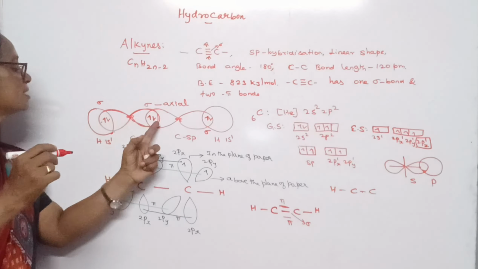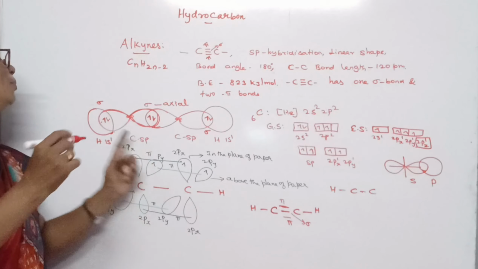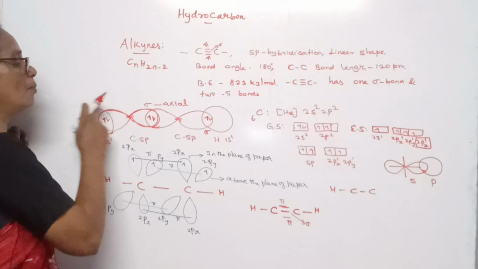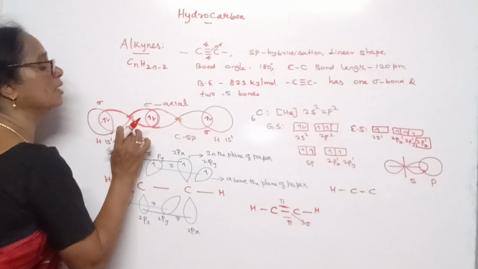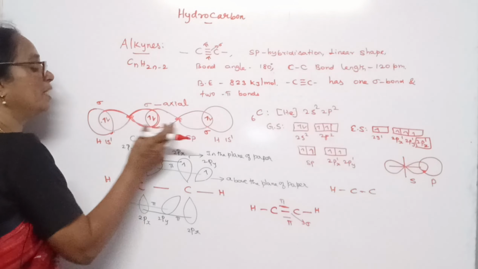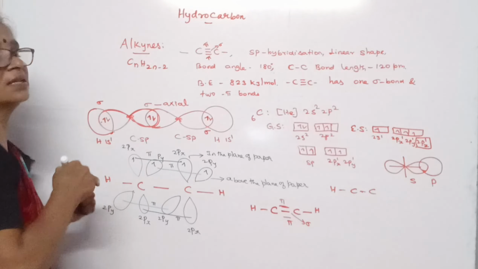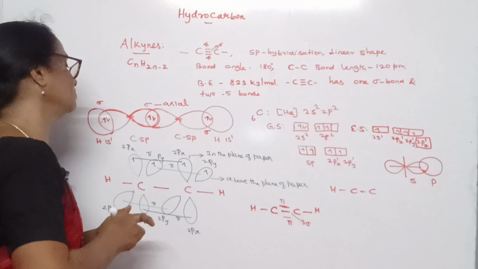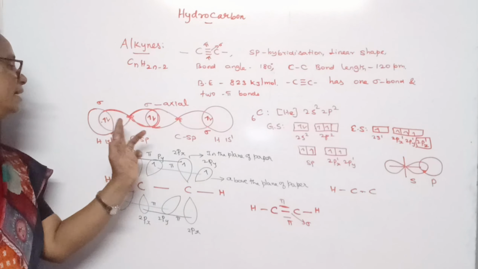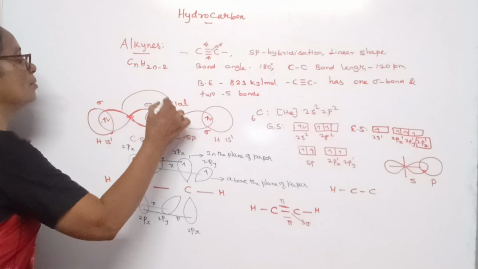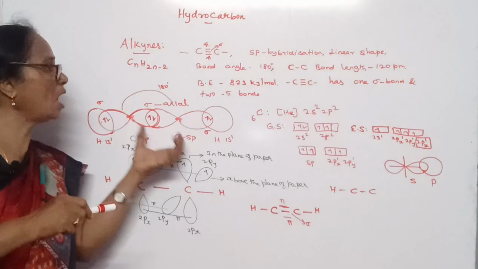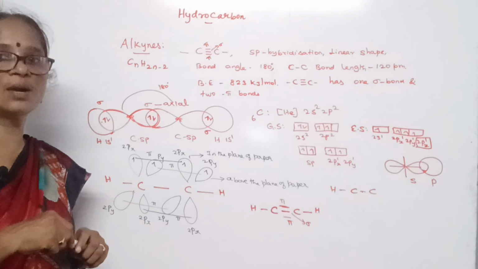The overlapping of the s orbital with the sp orbital is head on, that's why it gives rise to a sigma bond. And the two carbons share one electron each between them, so that makes the carbon-carbon sigma bond. So the shape is linear and the bond angle among them is found to be 180 degrees.